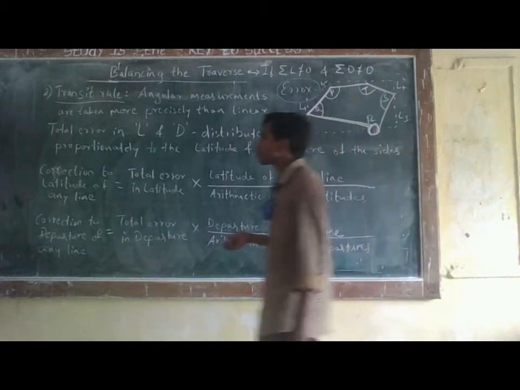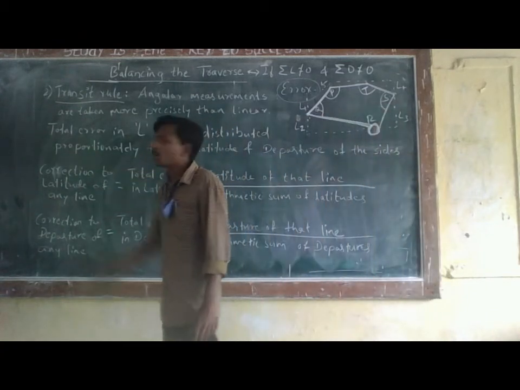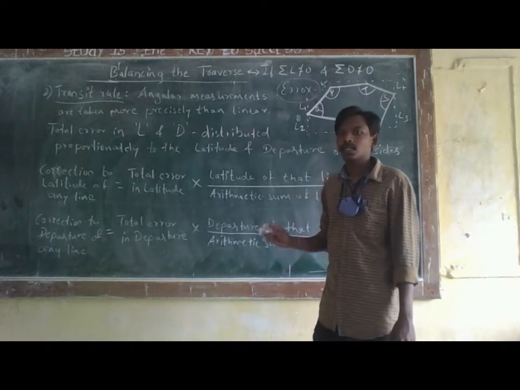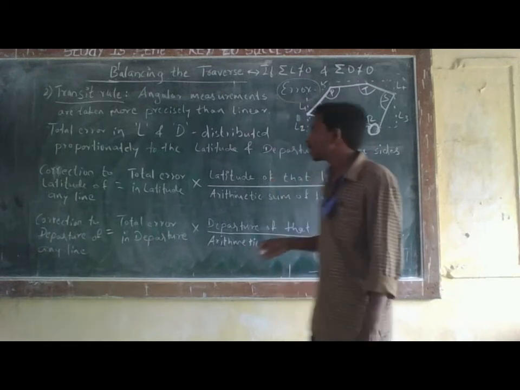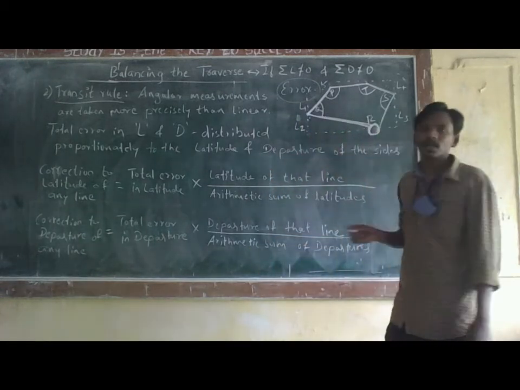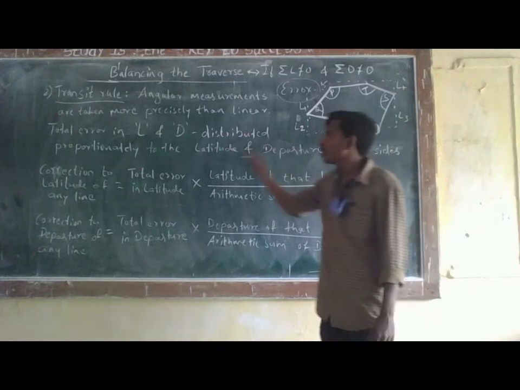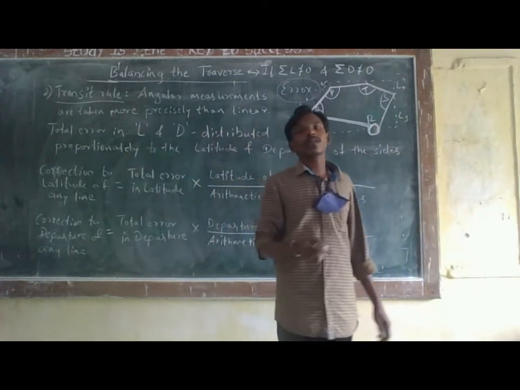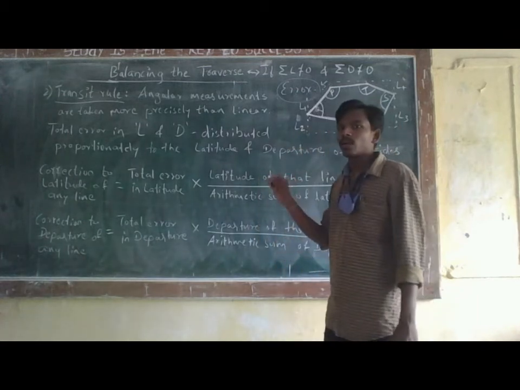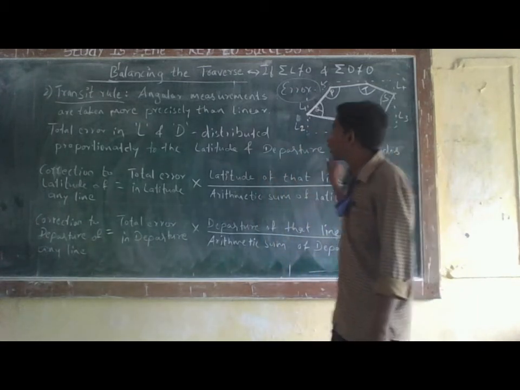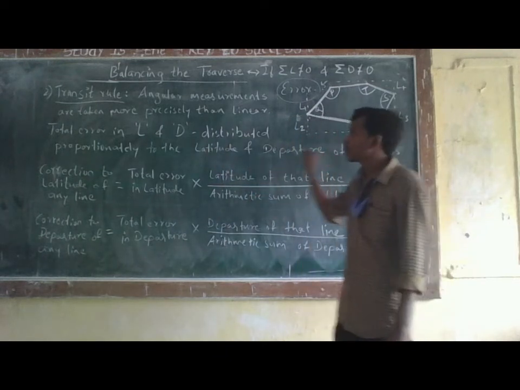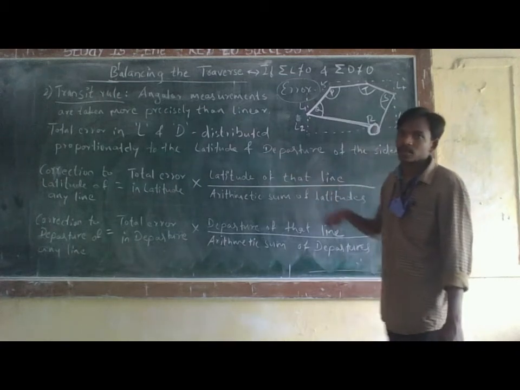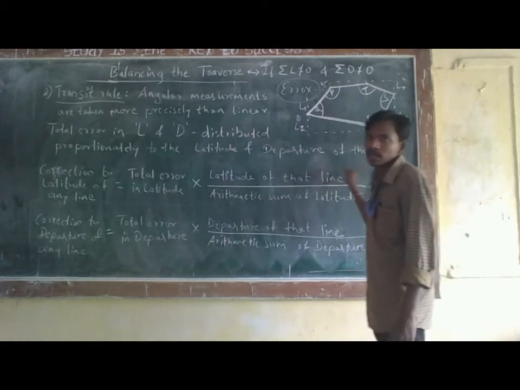Now the other thing is, total error in the latitude and the departure is going to be distributed proportionately to each latitude and departure. In Bowditch's rule you distribute the total error of latitude and departure according to the length of the line, but here in the transit rule you distribute it proportionately to the latitude and departure of each traverse side.